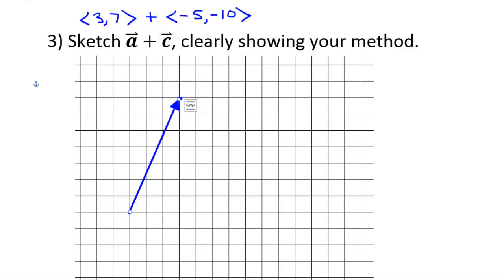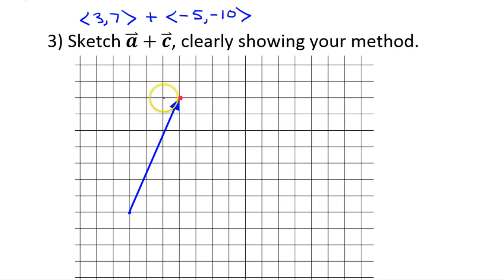Now, vector C. Since we're adding, when you add, you want to place the vectors head to tail. So I'm going to start vector C at the terminal point of vector A, right here. The -5 and the -10 mean that I will go left 5 and down 10.